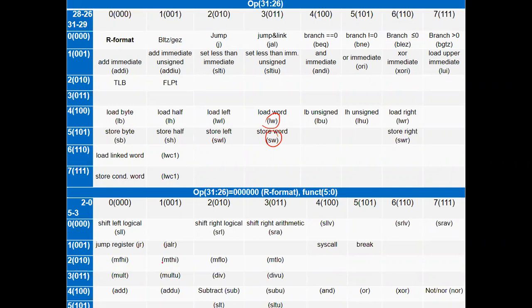And you have a lot of R type: the add, the set less than, the shift left logical, shift right logical, and many other functionality like the and, the or, the XOR, the not, and so on. Most of these instructions that you see in the table, we will come to them in detail.